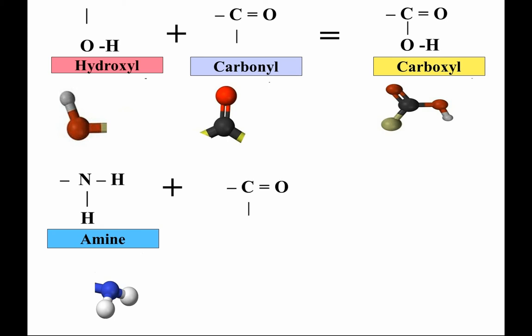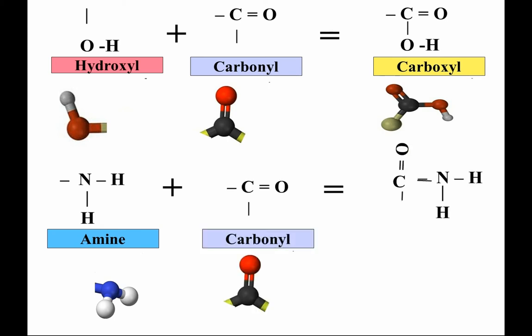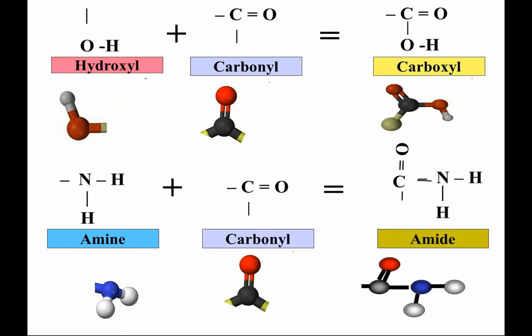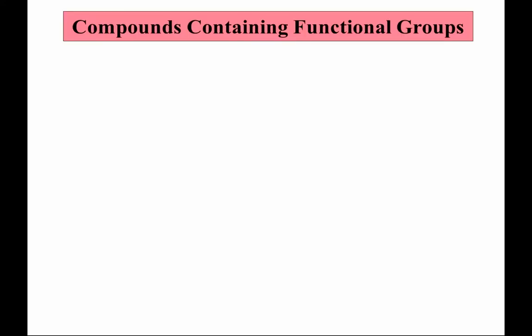An amine plus a carbonyl would give us an amide, just like I mentioned before. So many times larger functional groups can be represented as combinations of smaller functional groups. A functional group, by the way, represents a reactive site on a carbon chain. Compounds containing functional groups have specific names and, of course, specific reactivities.